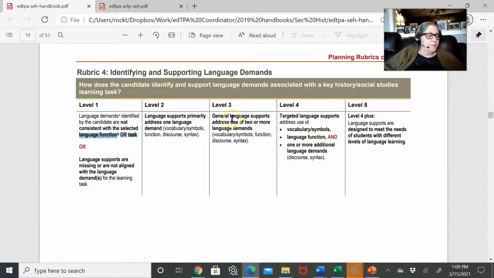So we stop talking about general supports, and now we're talking about targeted supports. And to get a 4, you want targeted supports that address all of the language demands. And if you want a 5, you've got to do all of 4, plus you want to meet the needs of students with different levels of language learning.